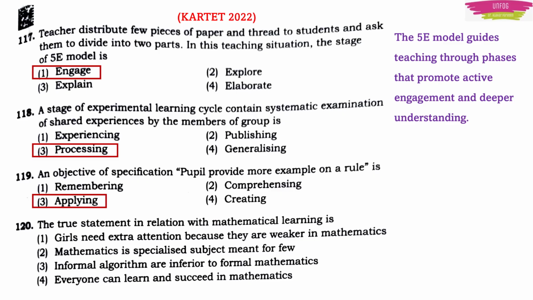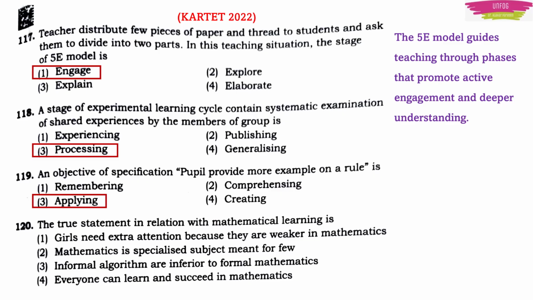Is it true? No, not at all. It is also wrong. Informal algorithms are inferior to formal mathematics. This is also wrong, because informal and formal are not present in mathematics as such. As far as my knowledge goes, I have not come across any informal and formal mathematics till now.